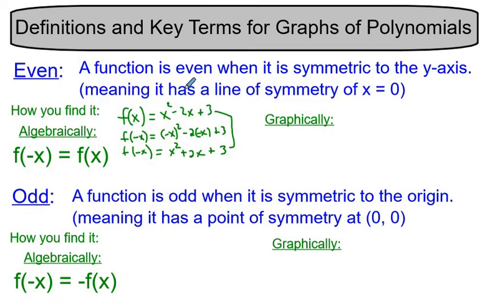In order for this to be even, we would have to have a quadratic like this that doesn't have a middle term, because that middle term is going to cause issues with the elimination of that term. So if you remember what happens when we eliminate the middle term, I'll show you a picture of this.